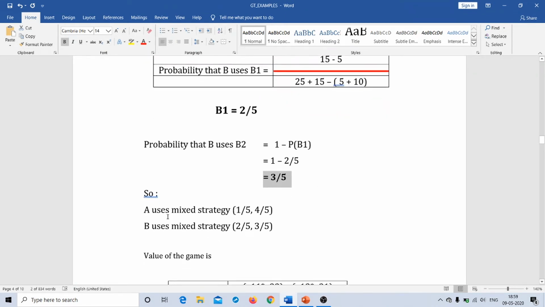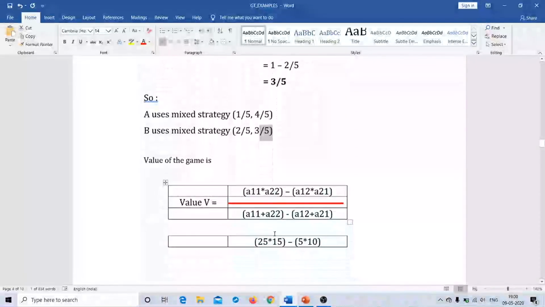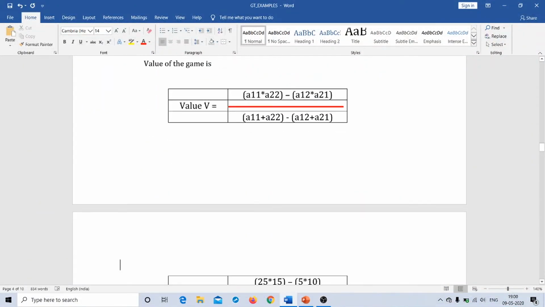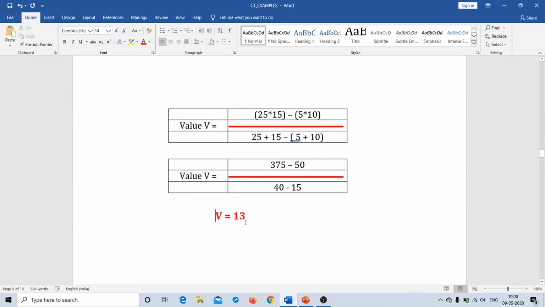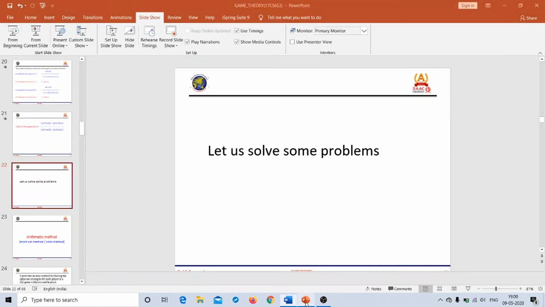So I draw the conclusion that player A uses a mixed strategy with 1 by 5 and 4 by 5, and player B also uses a mixed strategy with 2 by 5 and 3 by 5. And hence the value of this particular game is calculated with the help of the formula, and we conclude that the value of the game is 13, right? So this is how we find the solutions for mixed strategy games using the algebraic method.